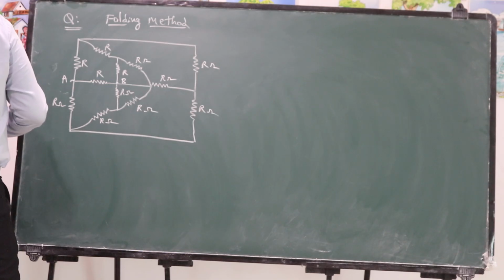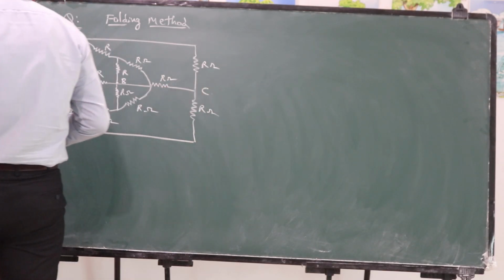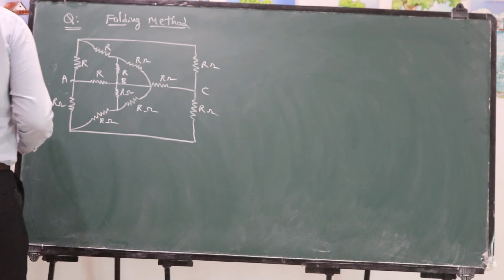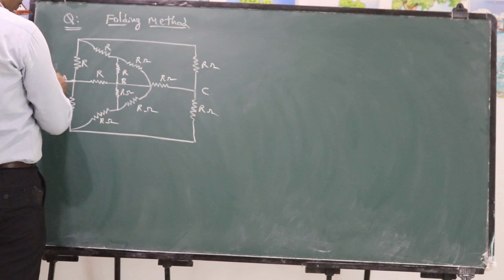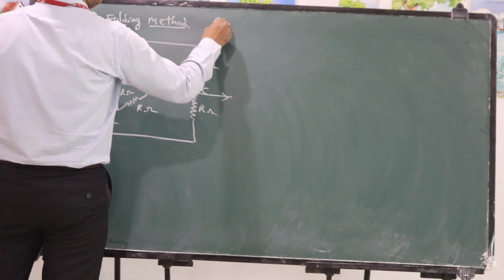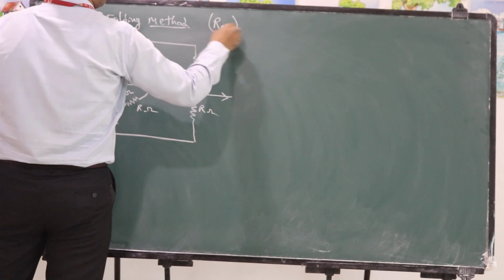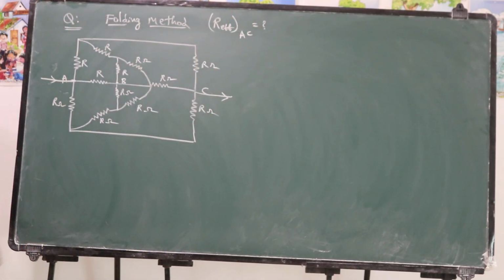We would like to find the effective resistance between A and C. That means current is entering at A and leaving out at C. R effective between A and C is equal to question mark. This is the problem we need to solve.